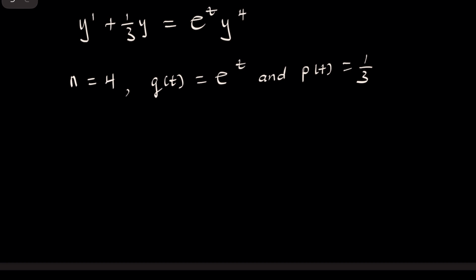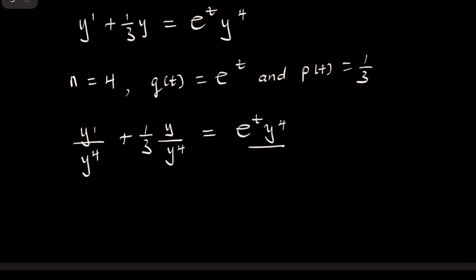We are going to have y prime on y exponent 4 plus 113y divided by y exponent 4 is equal to e^t y exponent 4 on y exponent 4. And so this is equal to y exponent minus 4 times y prime plus 113 y exponent minus 3 is equal to e exponent t.